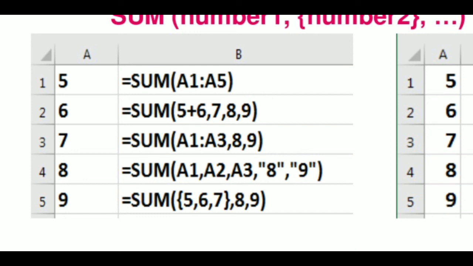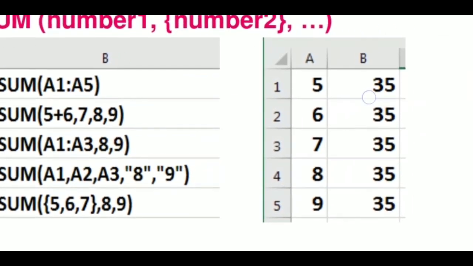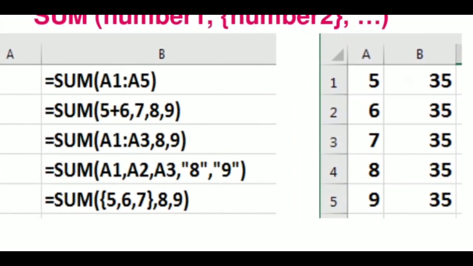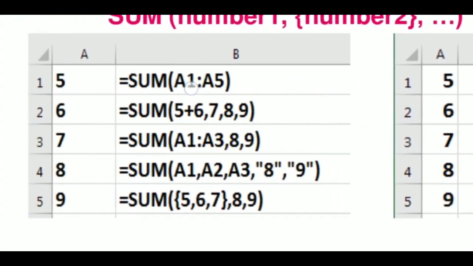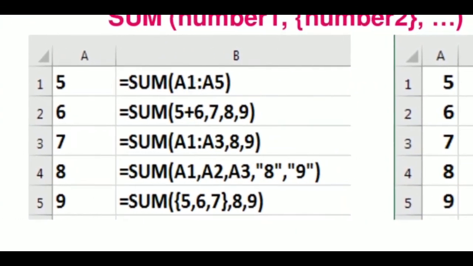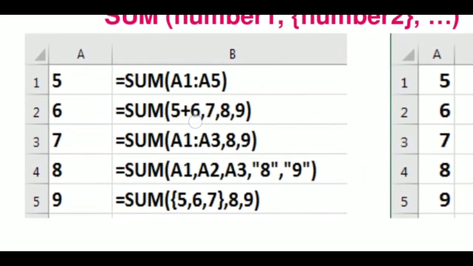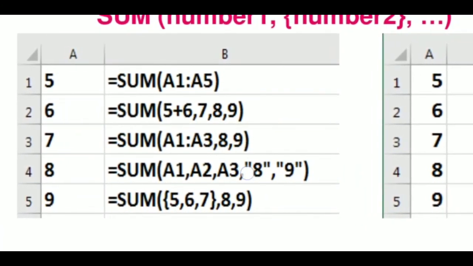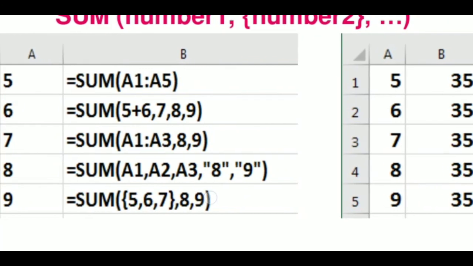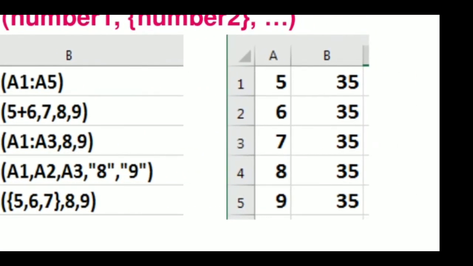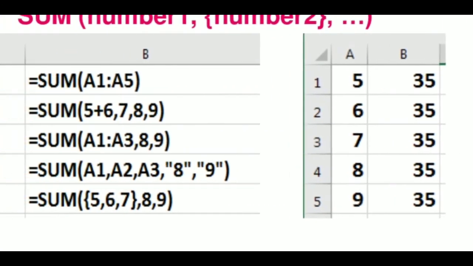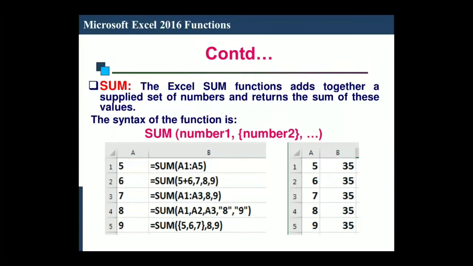So we will have the sum of all the values will be like this 35. We have result 35. So this is the simplest way of using sum function, and we can also use the sum function in these different ways, and in all the ways we will have the same result 35. Okay, so all these are the functions which we can use in MS Excel.